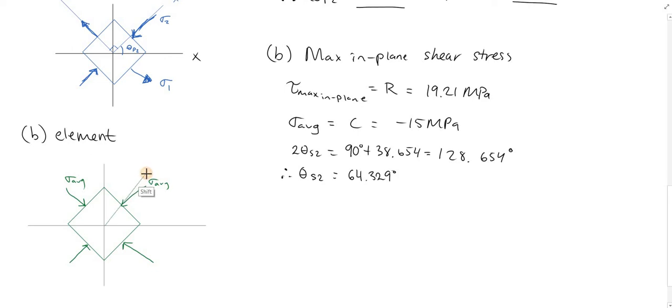Well, I realized my drawing was probably not the neatest for mine. Just so I don't confuse anyone, I'll just remove this one to a new arrow out there. So if this is my X, then this is my X dash, my Y, and my Y dash, right? And again, this angle here is my 64.329.